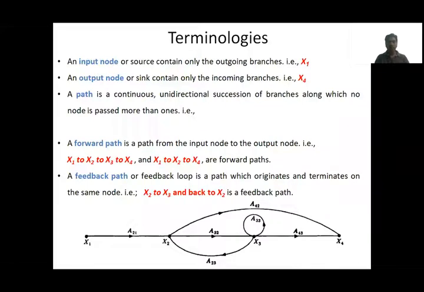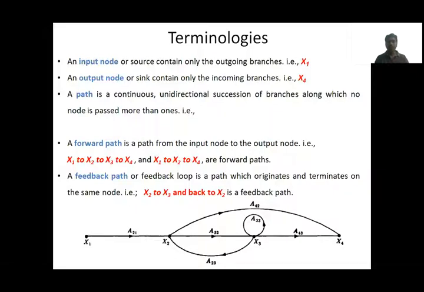A path is a continuous unidirectional succession of branches along which no node is repeated. No node appears more than once. So it's a continuous path between any two nodes, having in the middle any number of nodes, but no node should be repeated.